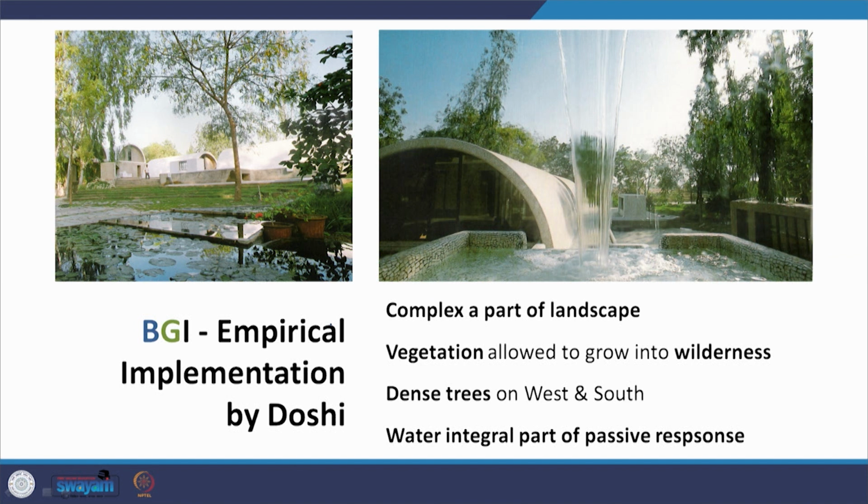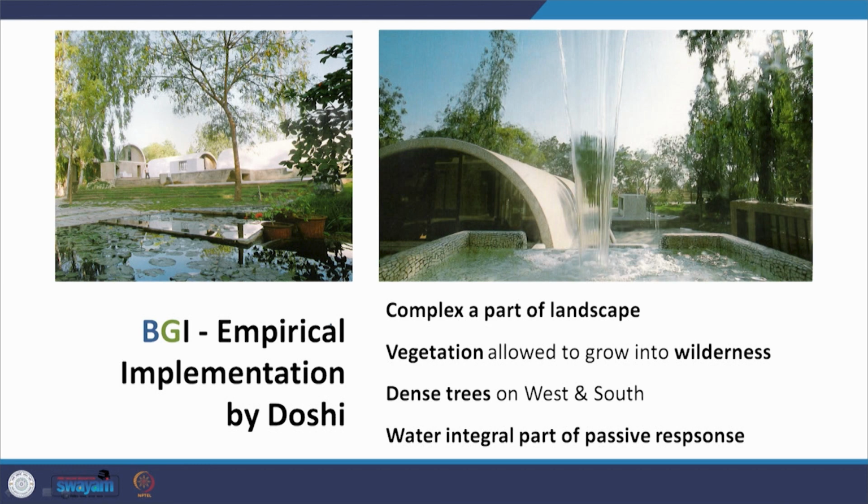Now, Doshi, at that time there was no such thing defined as blue-green infrastructure, but he empirically applied it. Like Charles Correa empirically applied the green roof in the MRF building, Doshi applied the blue-green infrastructure in Sanghat.